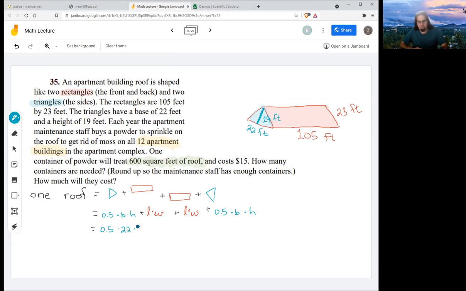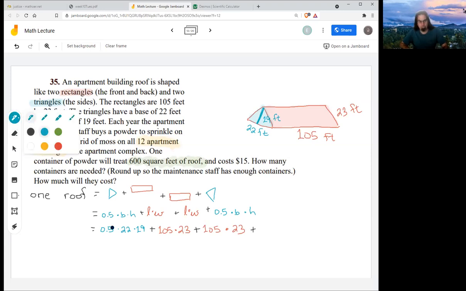And the height was 19. 105 and 23. Okay, ready for all of that?